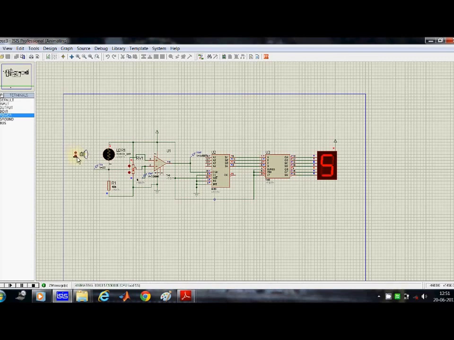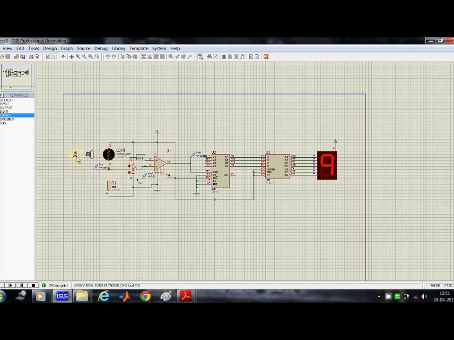So our project is complete in simulation, and that was the best part of this: first I designed it on pen and paper, then divided the whole system into subsystems, simulated each subsystem, and finally connected all the systems together. This was the final system.